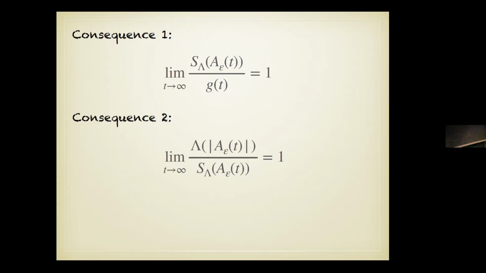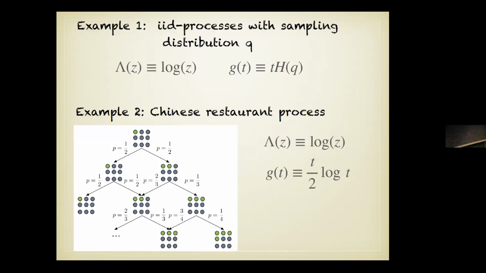Even there, you sometimes have to invest a lot of work to achieve it, but sometimes you can actually do it explicitly. And here we have now 2 examples. Example 1 would be simply IID processes, and I don't go into details here.